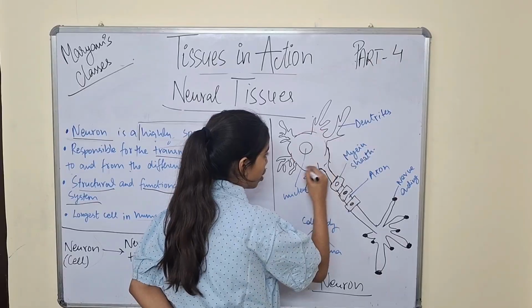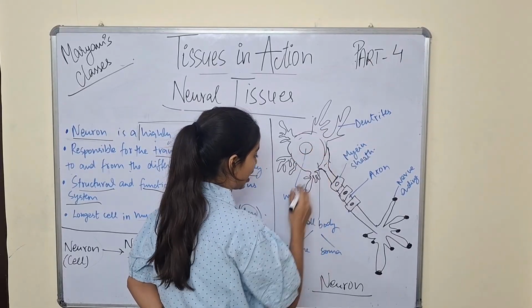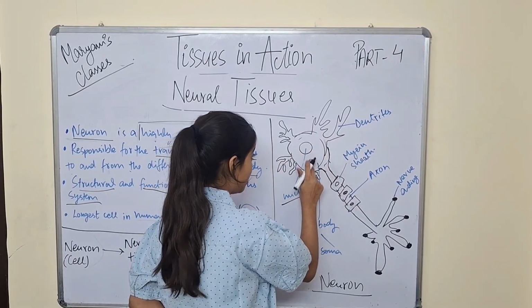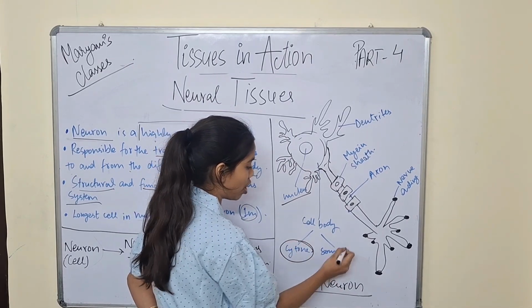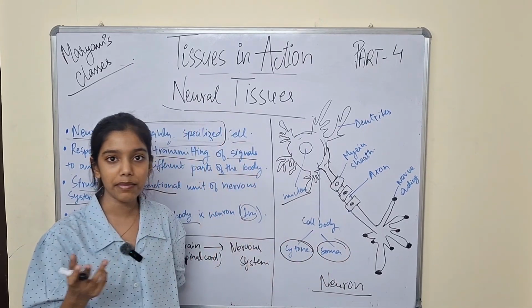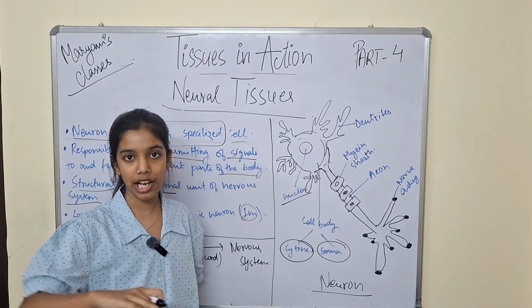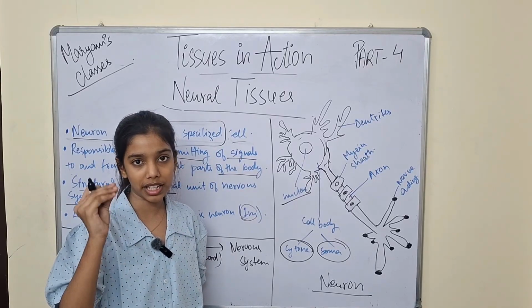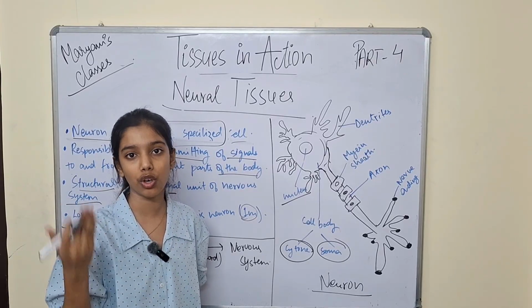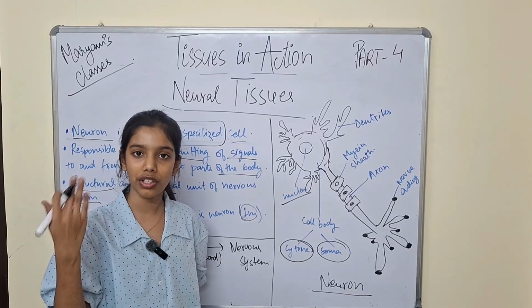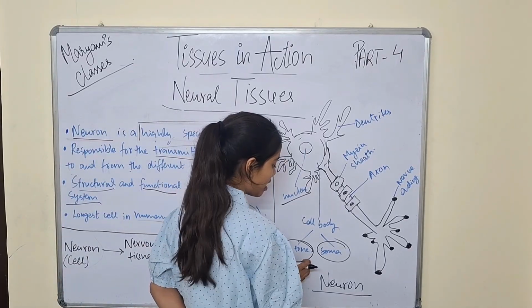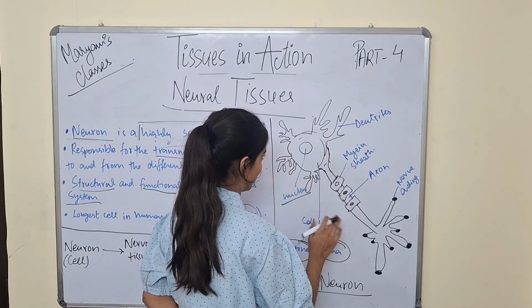This whole is the cell structure or cell body, in which we have the nucleus. And this cell body of neuron tissues is also known as cyton or soma. If these two terms are in your NCERT, cyton or soma, you should understand that it is the cell body of neuron cells. Okay, cyton or soma, it is the cell body basically.